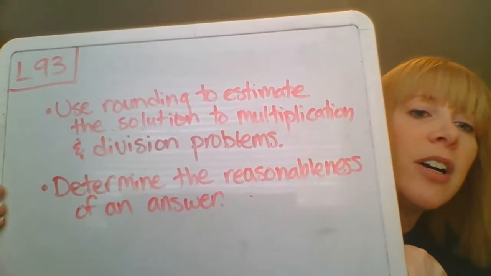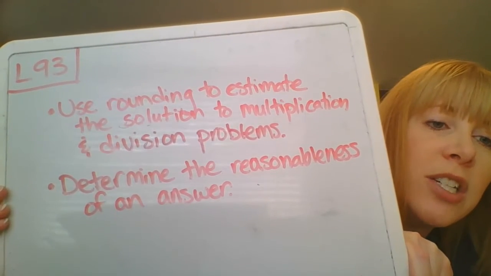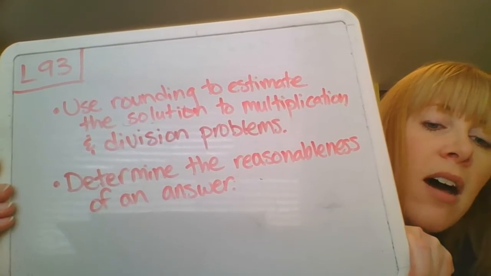This is going to cover using rounding to estimate the solution to multiplication and division problems, and then determine the reasonableness of an answer. If this sounds familiar, if you're getting a little bit of deja vu, yep, we've done this before. We just like to revisit some of those objectives every time that we add new skills to our multiplication and division.